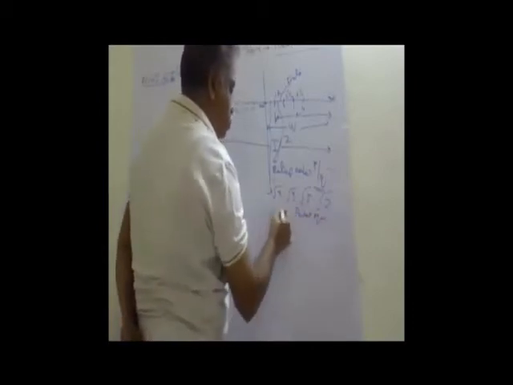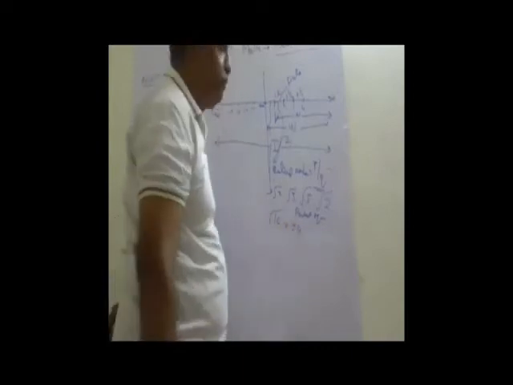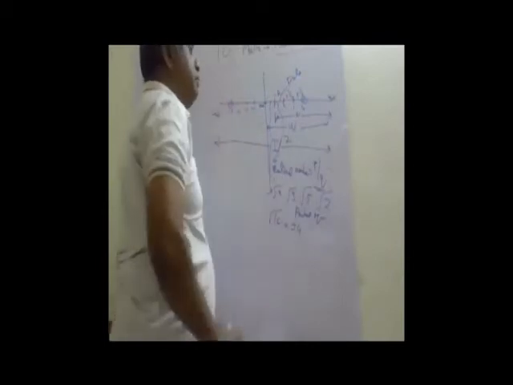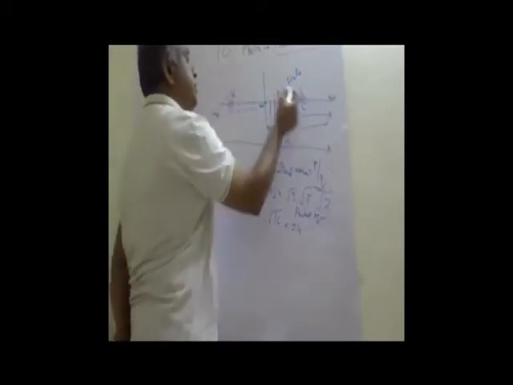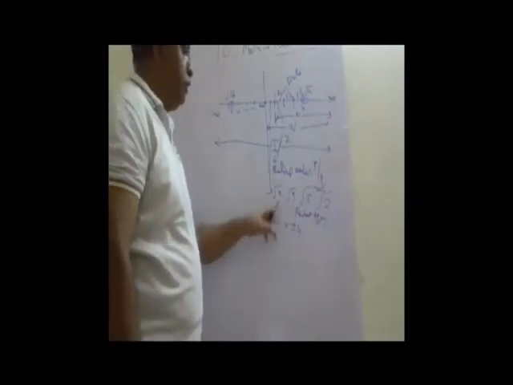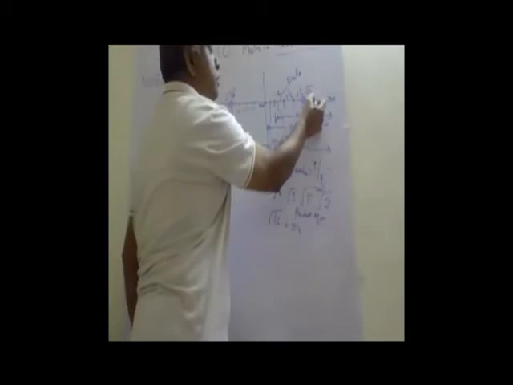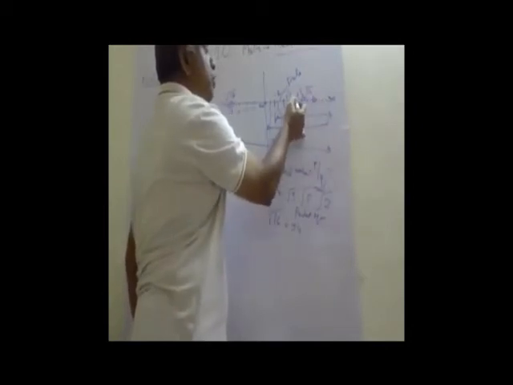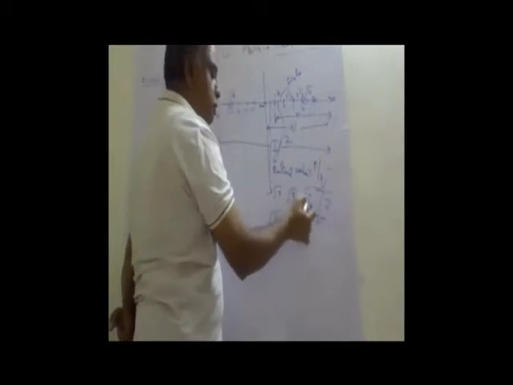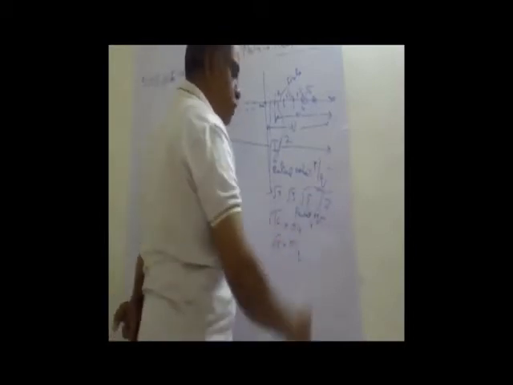Suppose root 16 is a perfect square, so it is plus or minus 4. But root 5 will be around 2.2 and it goes on non-terminating. Root 5 cannot be represented in the form of p by q.